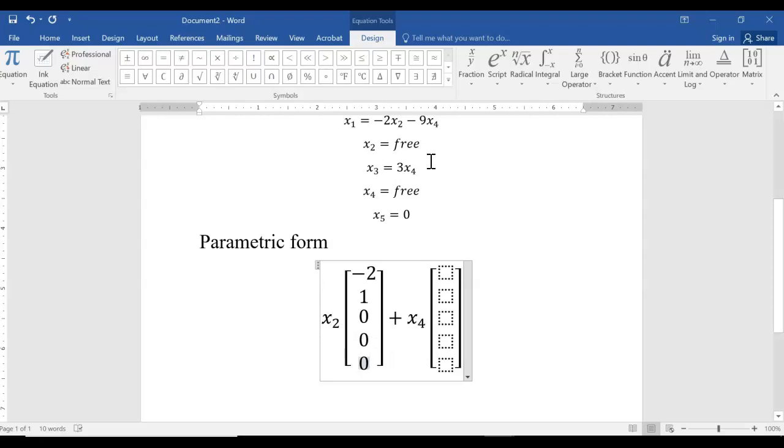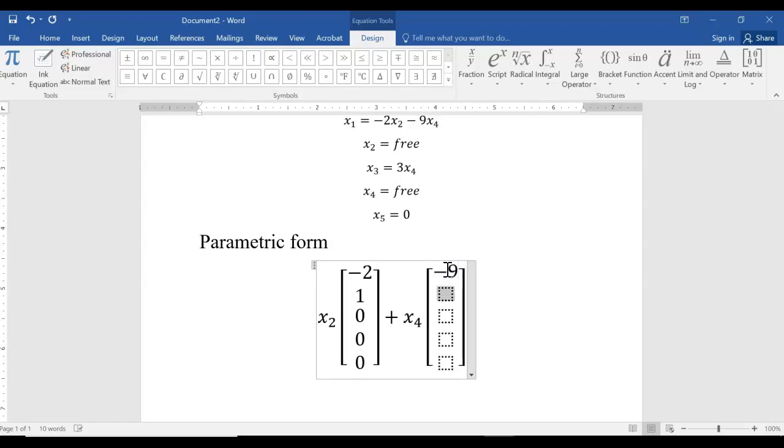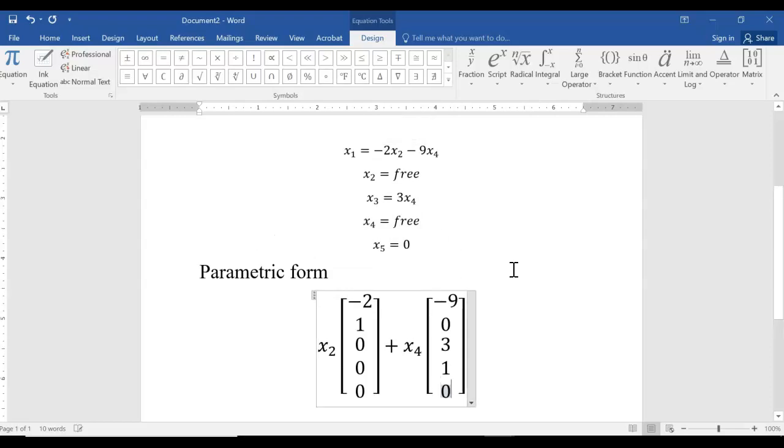As far as x4 goes, the first entry is going to be -9. We're going to have 0 x4s in that second entry, 3, 1, whatever x4 is, coefficient there, and then 0, right? No coefficients of x4 there. So that would be the parametric form of the solution to the row-reduced echelon form of the matrix we had.